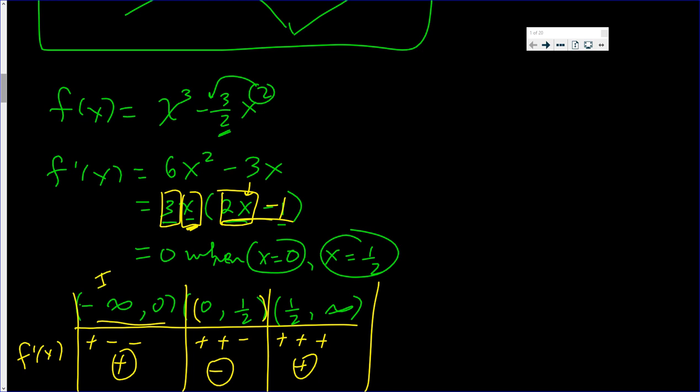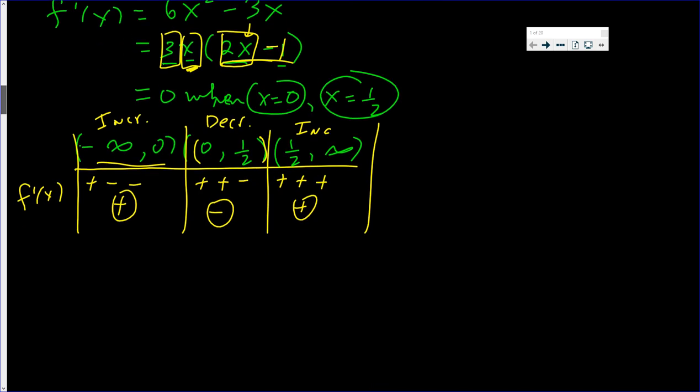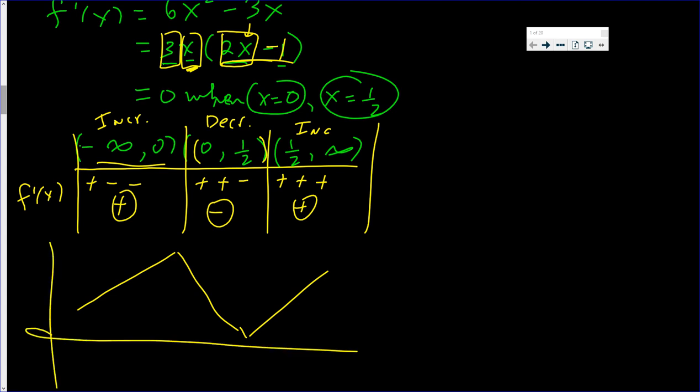It is increasing on this interval, it is decreasing in the middle, and it is increasing here. The best information I can tell you about this graph is first it's going up, then it's going down, then it's going up. The whole thing I just drew, it could have been a lot lower, or it could be a lot higher. In other words, if this is my XY axis, and I drew this, it may have been a lot lower.